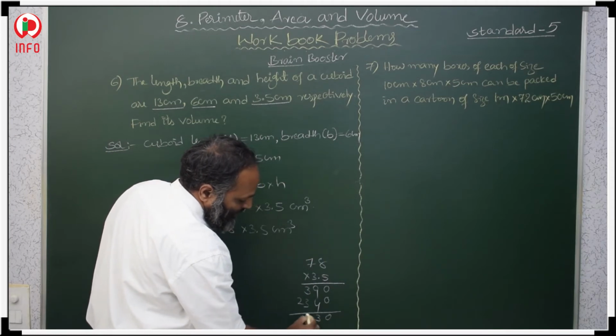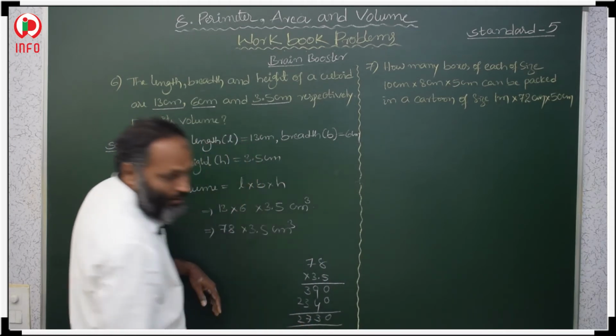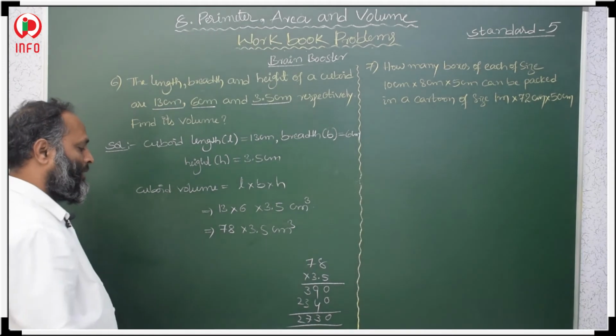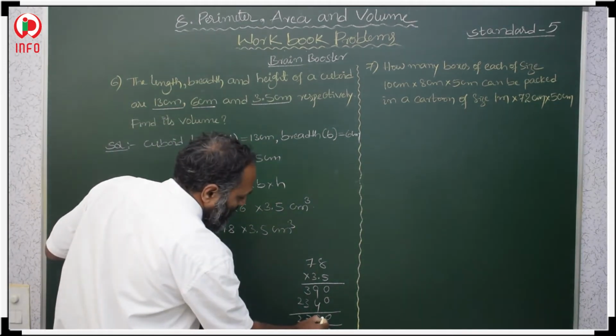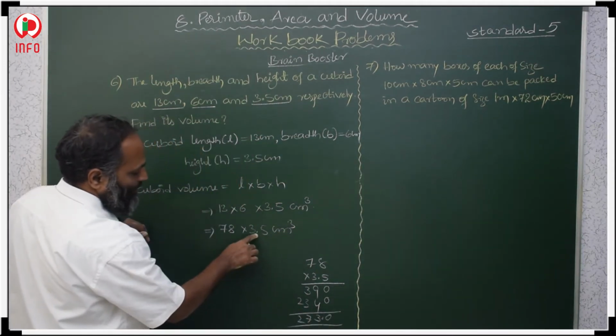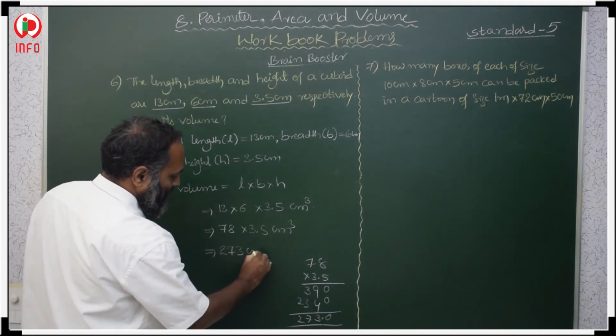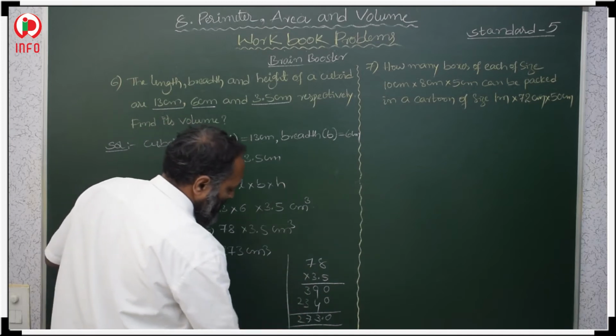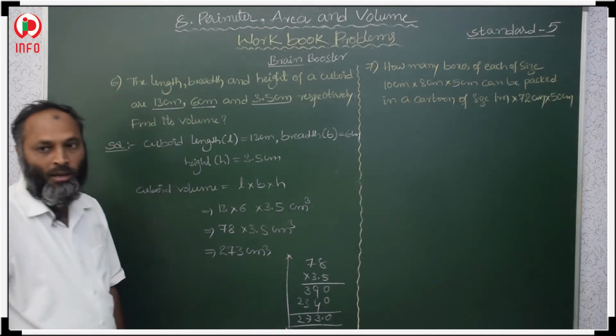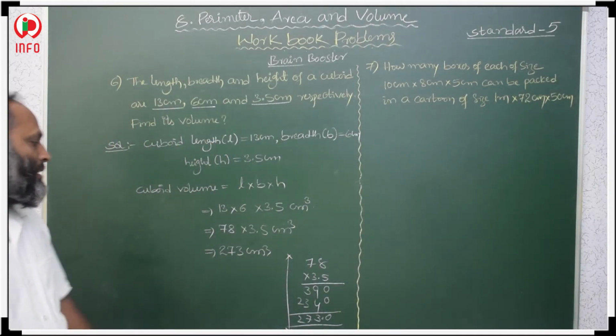So 2730, which means after one digit we keep a decimal. After one digit we have a decimal here. 273 centimeter cube. This is the volume. Okay, volume is 273 centimeter cube.